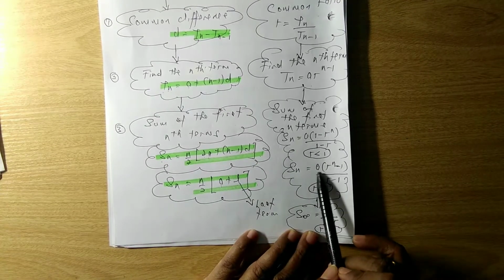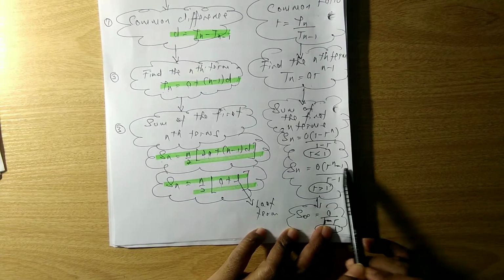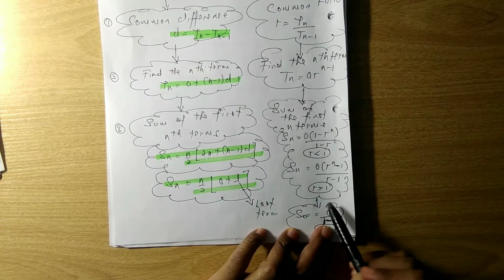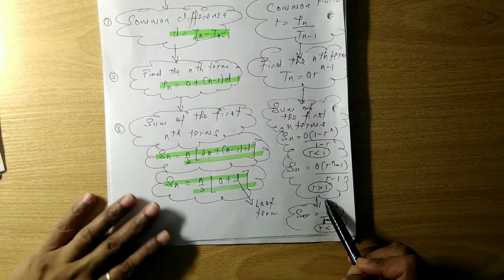So Sn becomes A(R^n minus 1) over R minus 1. This is when your R is greater than 1.